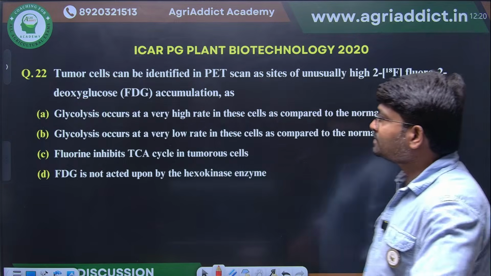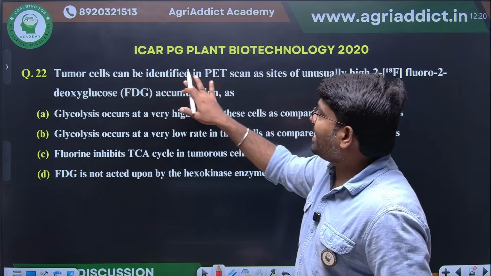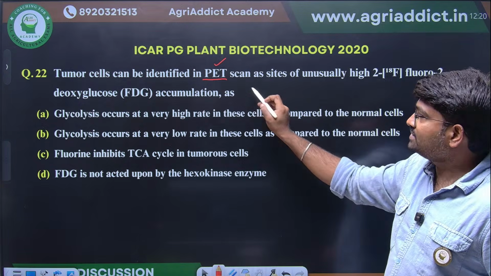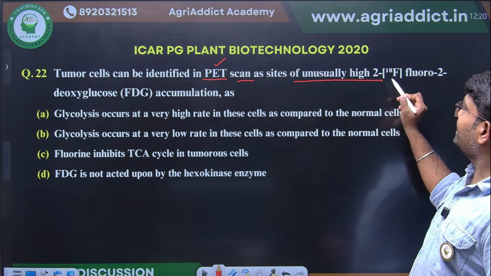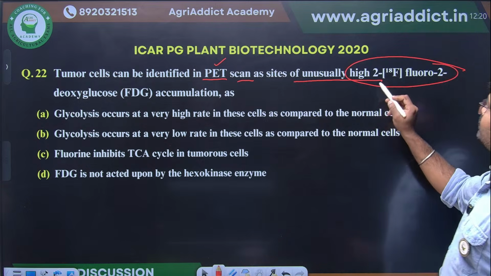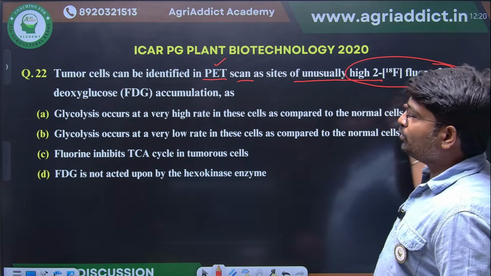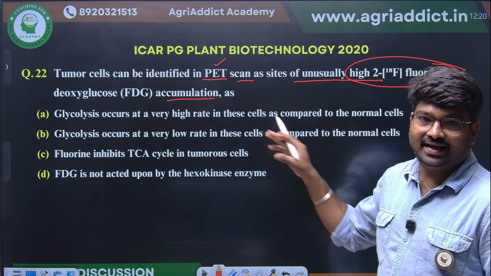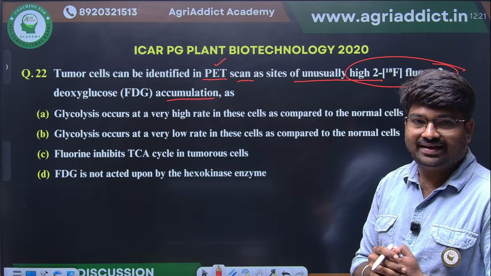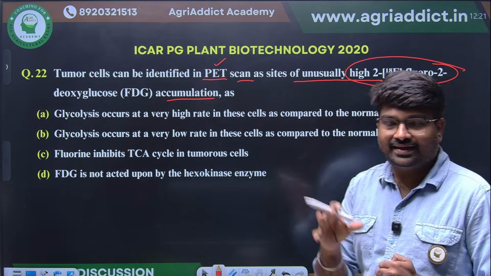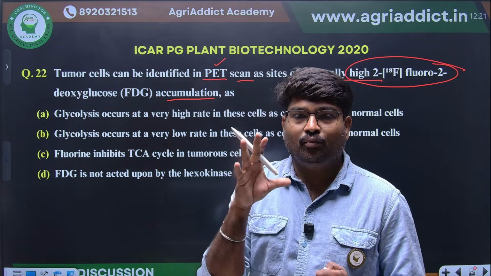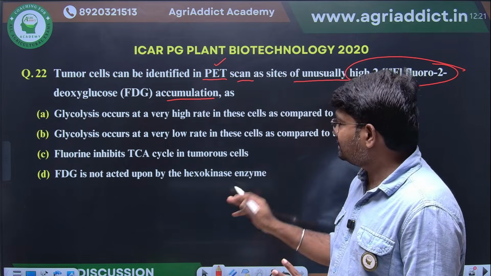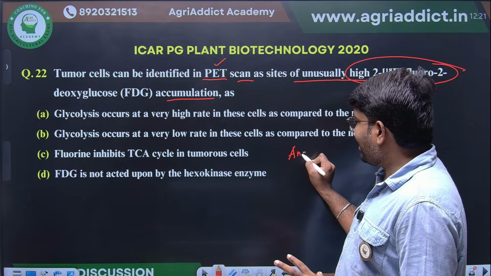Okay, students. Tumor cells can be identified in PET. PET means what? Positron emission tomography scans. A site of usually high accumulation of fluorine-18 labeled fluoro-2-deoxyglucose is there. Why is it there? Observe, the question is asking about glycolysis. In cancer cells, there will be more utilization of glucose as an energy source because cancer cells will always grow under anaerobic condition.